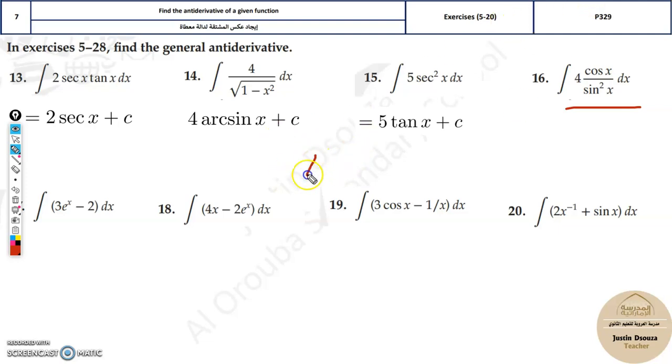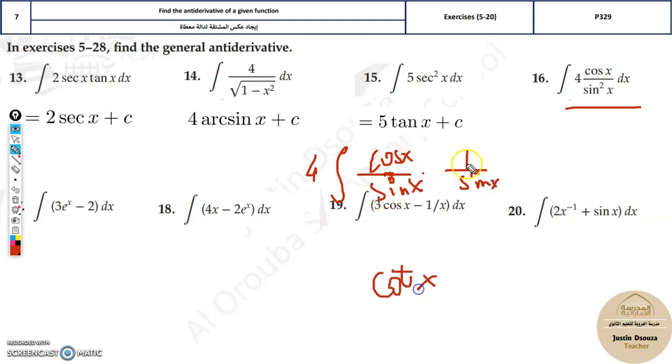Now 4 is a constant, leave it out. Integral of cos x by sine x, because it's squared, multiplied by 1 by sine x. Now cos by sine x is cot x and 1 by sine is cosecant x.